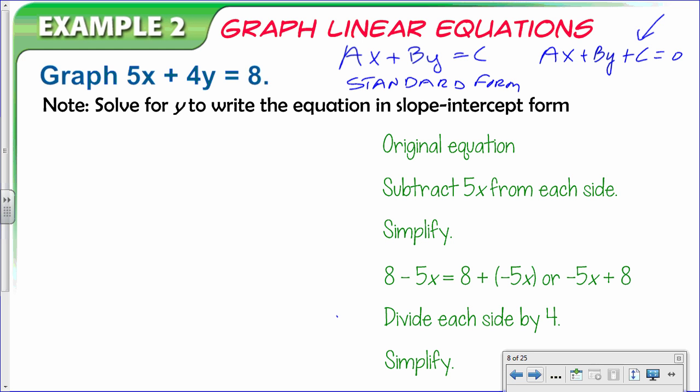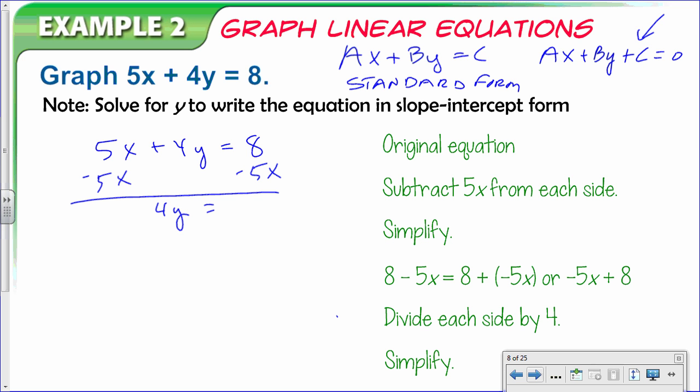Okay, so if this is the standard form, how do I get it into slope-intercept form? Now I got to get y by itself, don't I? Write my original equation. Do I want to move the y here or leave it? Leave it, right? So what do I need to move? Okay, so I'm going to move that. Rewrite everything.